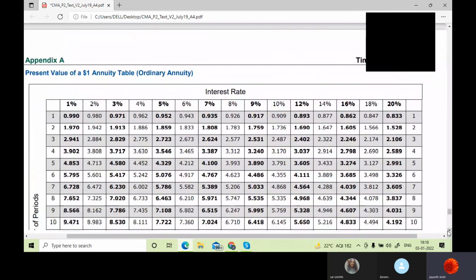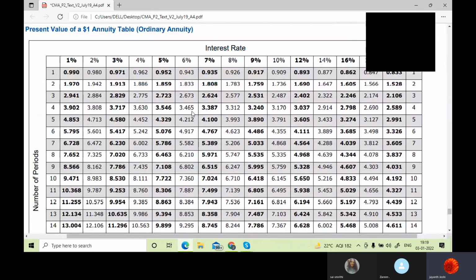This is the present value annuity table. 3.846 lies between 3.605, that is for 5 years, and 3.890.